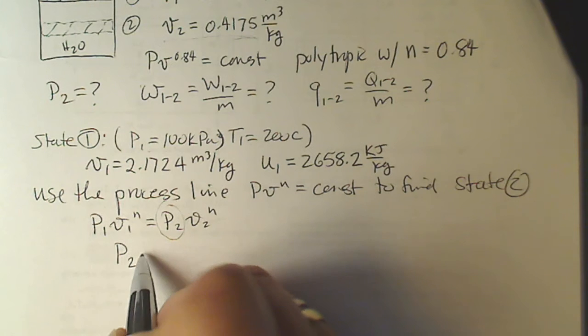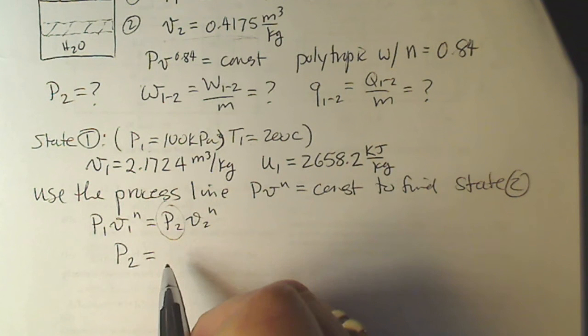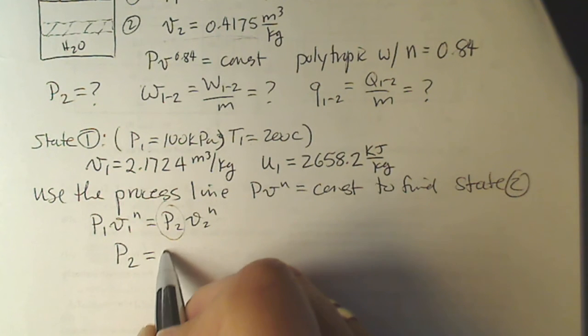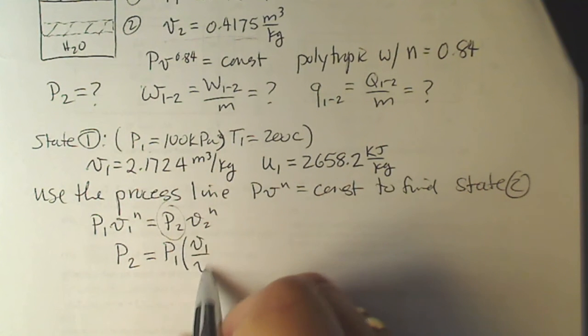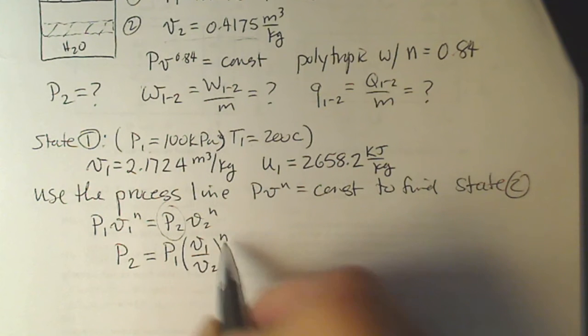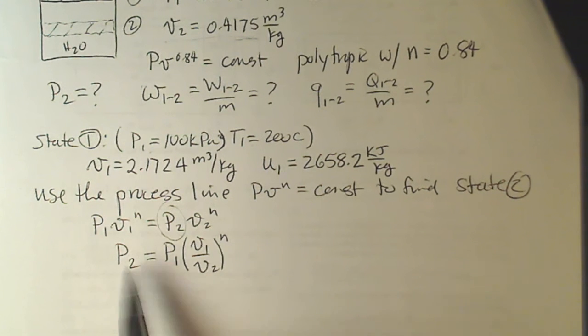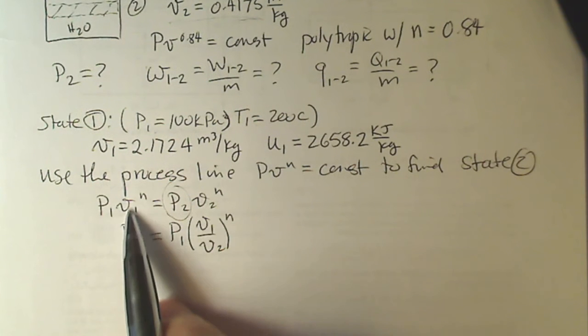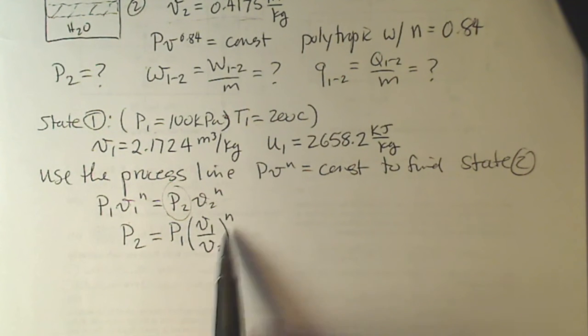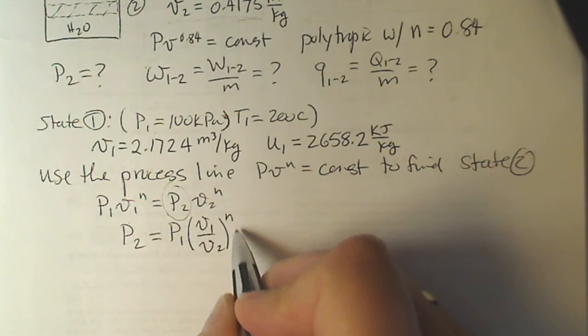So P2 will be given by P1 multiplied by the ratio V1 over V2 to the n power.